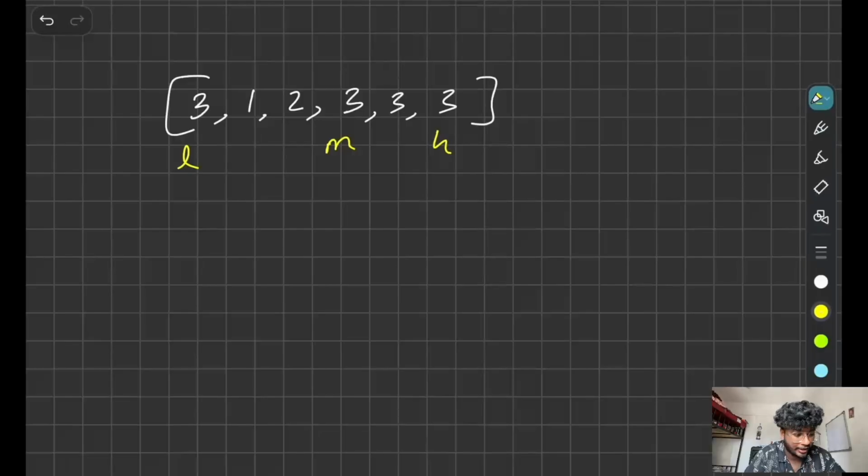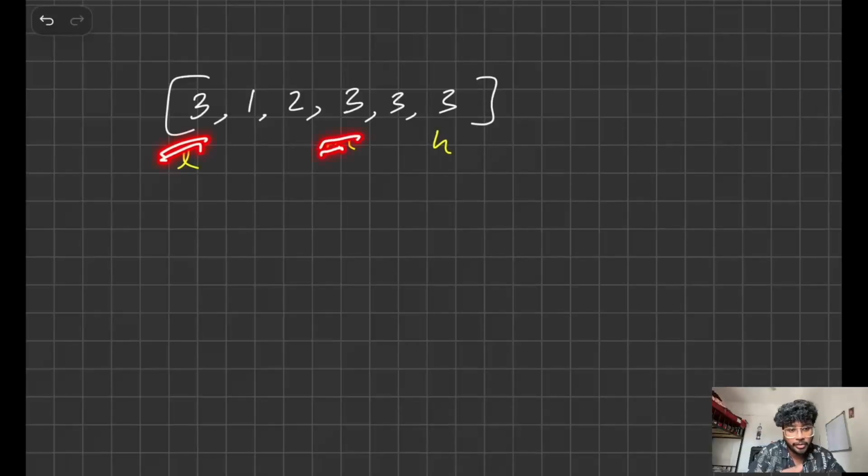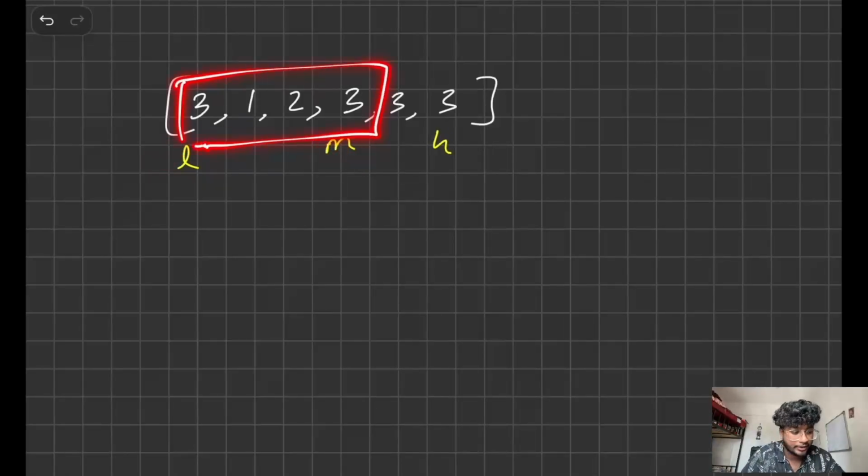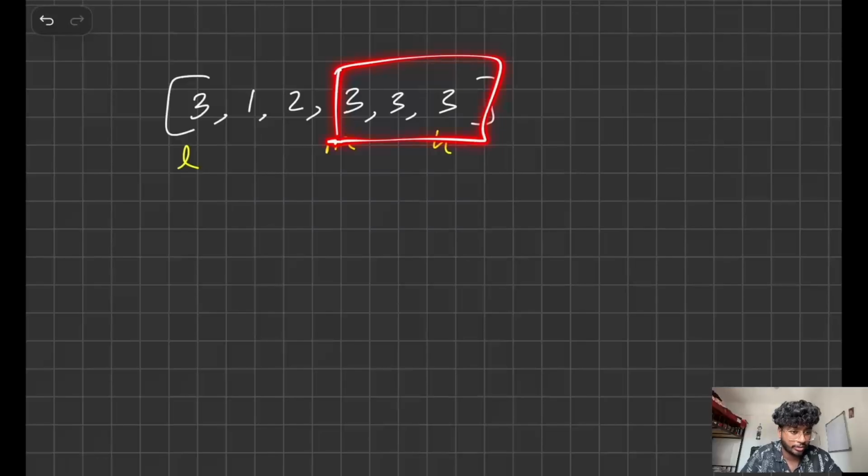I just cannot tell. My low and mid are equal, so I don't know if this half is sorted. Actually, if you look at this half carefully, it is not sorted: 3 is greater than 1, and then this happens. The actual sorted half is this one, but our code does not know.